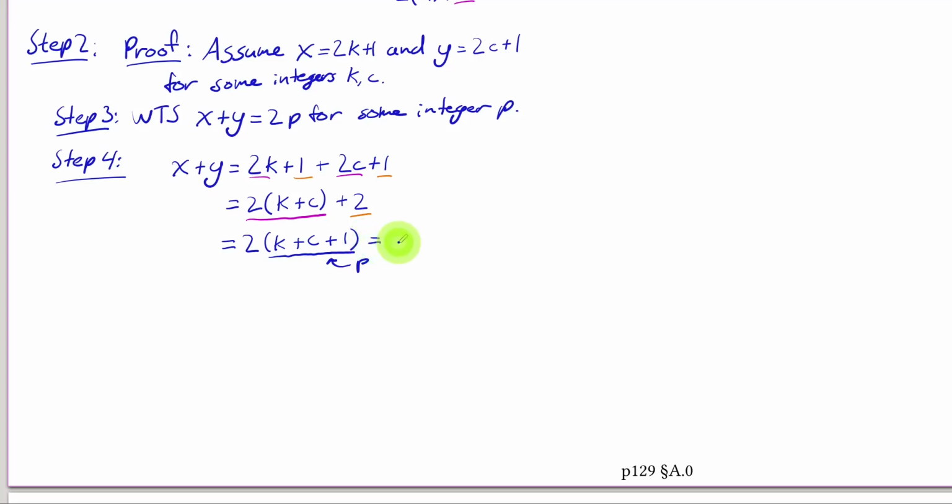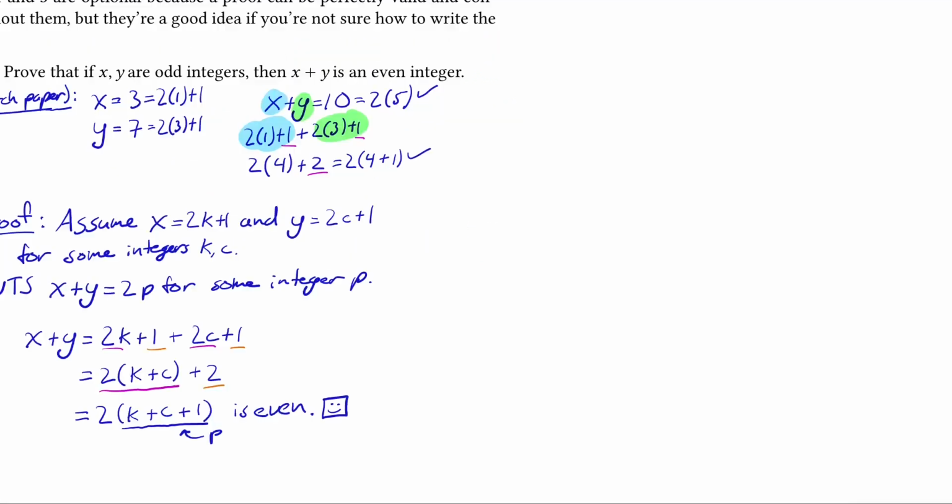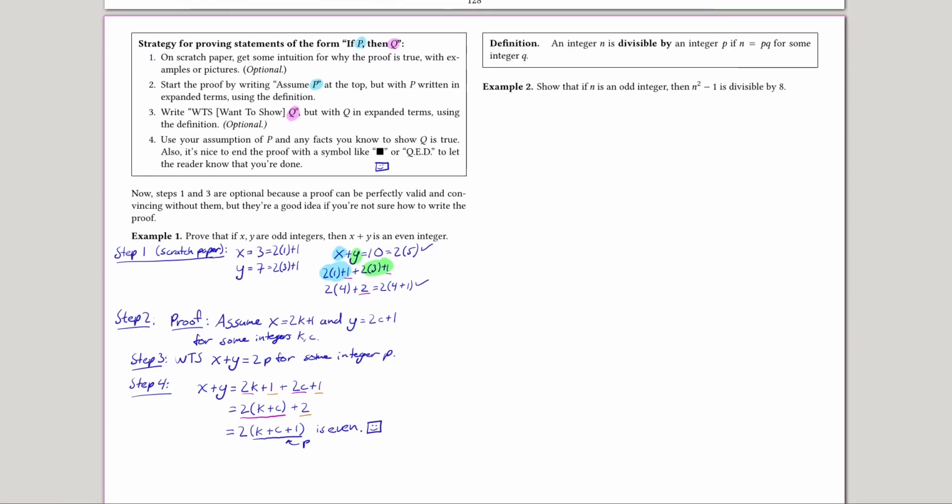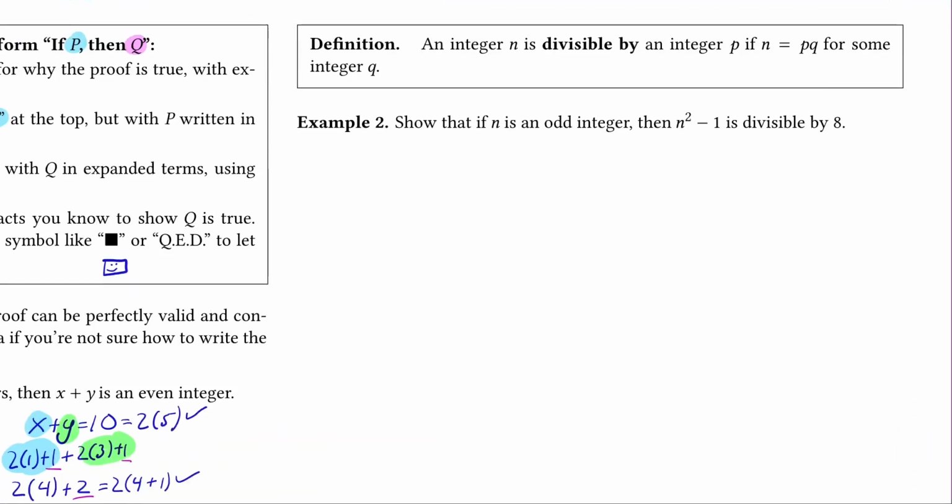This is an even integer because it's written as 2 times an integer where the p is k plus c plus 1. And now anybody reading this who knows the definition and knows some basic math facts like the distributive rule is going to believe beyond any doubt that x plus y must be even if we started with odd numbers, x and y.